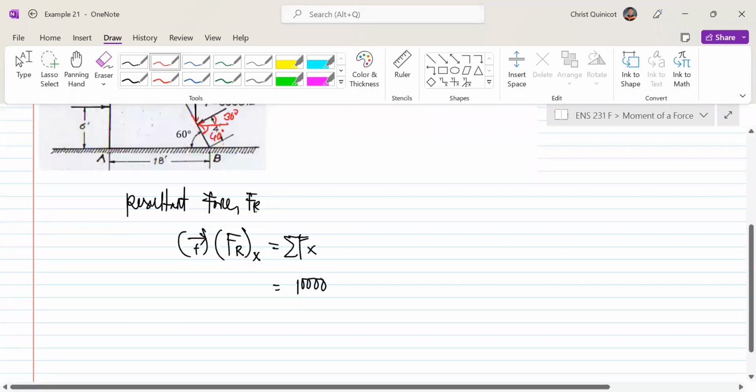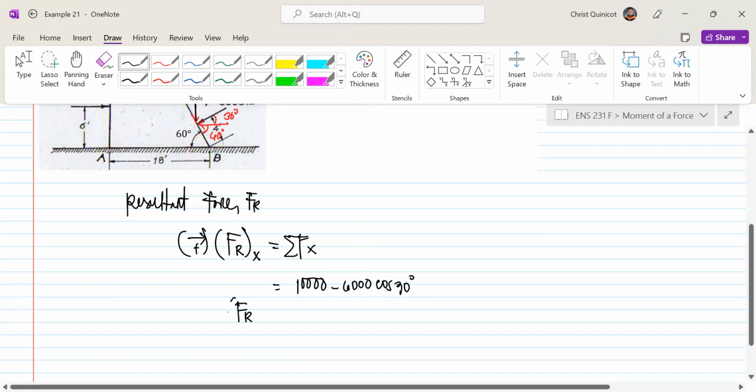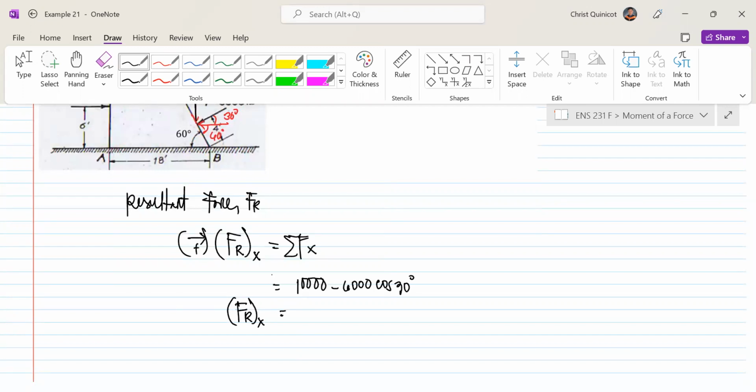So that is 10,000 minus 6,000 cosine 30 degrees. 6,000 cosine 30 is 5,196.152423. That's 10,000 minus the answer, so the x component of our resultant force is 4,803.847577 pounds.